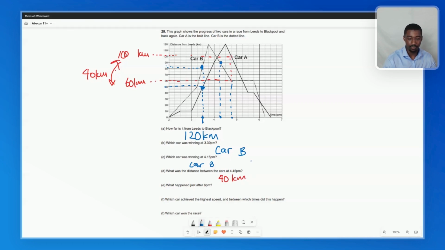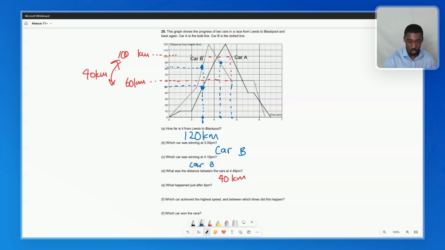Now, part E, what happened just after 6 p.m.? Well, around this area, just after 6 p.m., we see the lines cross. And what does that mean? Well, if the lines are crossing on the way back from Blackpool, that means that someone is overtaking the other person.